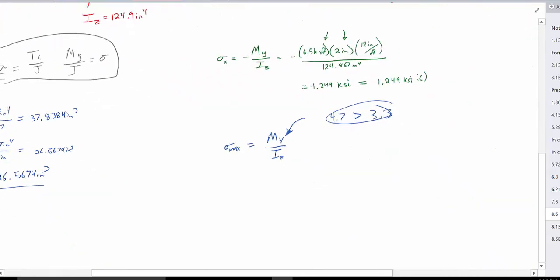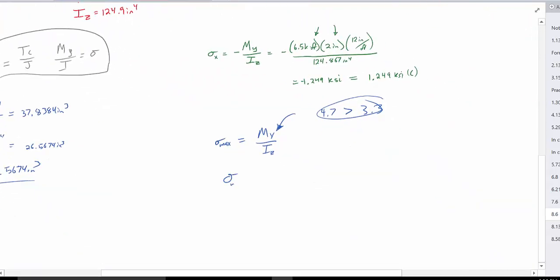Well, then that means that to determine my maximum stress, I'm going to put in my moment, which is 6.5 kip feet, multiplied by 4.7 inches, doing our unit conversion again, 12 inches per foot, divided by our I sub z, which is 124.867 inches to the fourth.